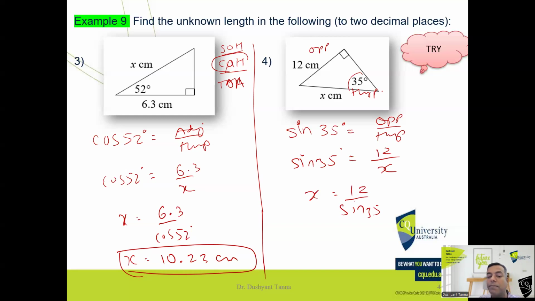We'll divide by sine 35, and that is 20.92. Is it right? Yeah, 20.92. Yes, good. Thank you.